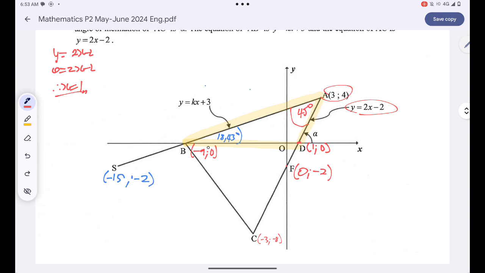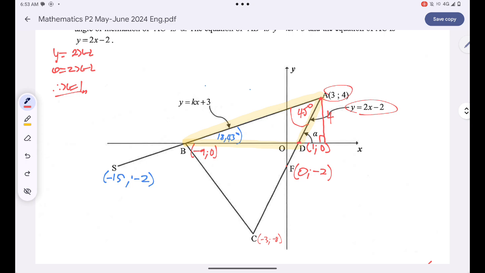So BD will be my base, and my perpendicular height will move from point A going down there. This will be the perpendicular height, right? And obviously the vertical distance would be 4 units.